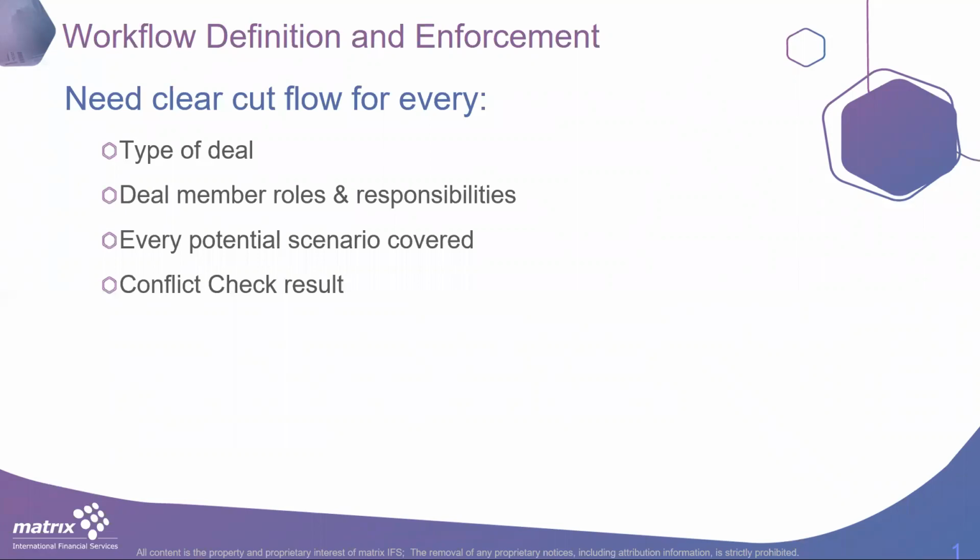For different types of deals, you'll have different departments involved, different conflict checks and different internal structure. And we've seen deal teams really scramble on an almost ad hoc basis for different combinations of type of deals and deal members on the deal.